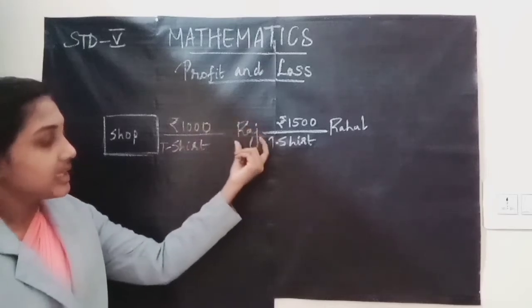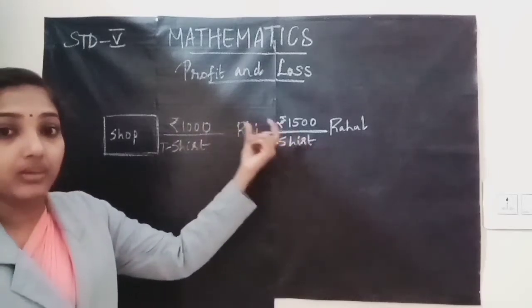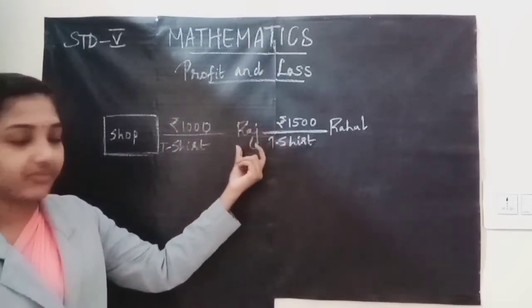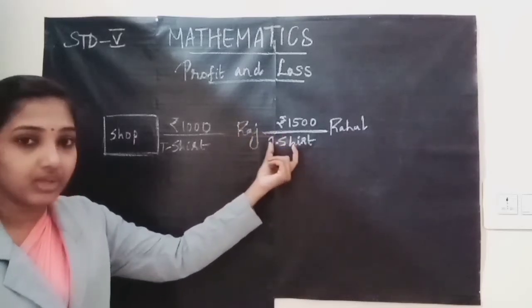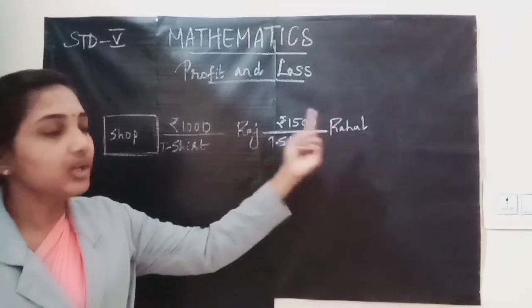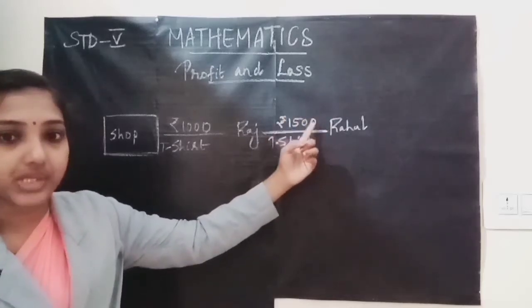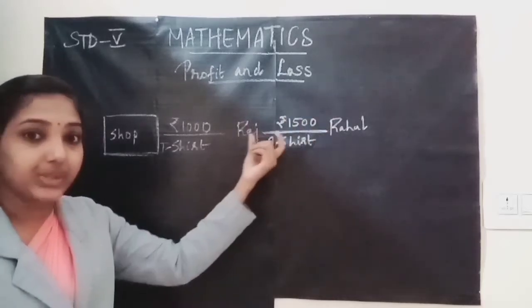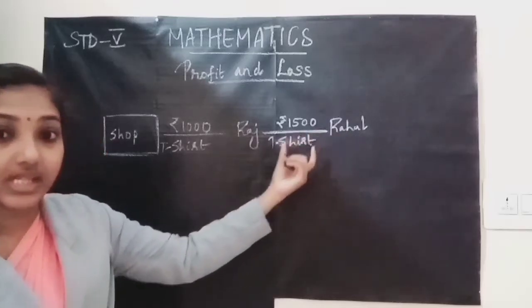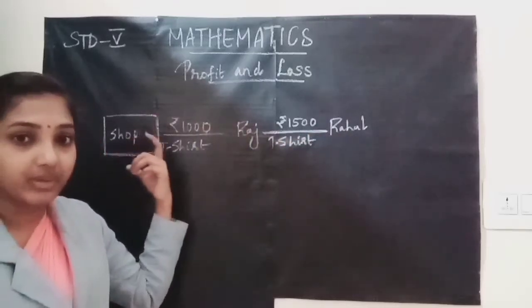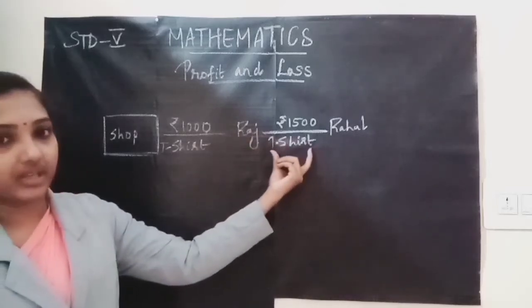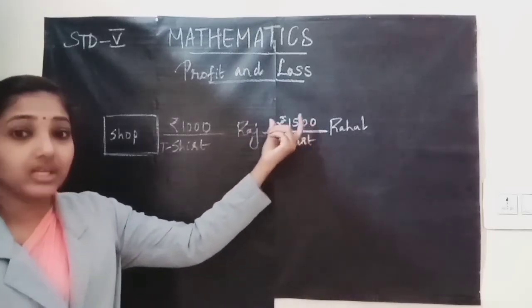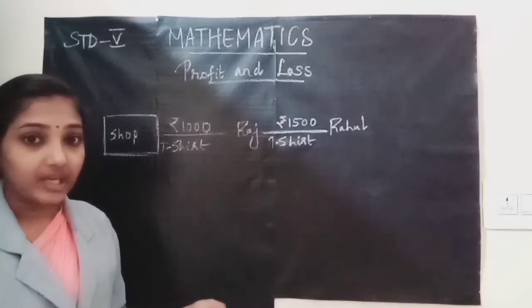And see here, Rahul bought the t-shirt from Raj, or Raj sold the same t-shirt to Rahul for rupees 1500. Raj sold the same t-shirt which he bought from the shop. So here the selling price of that t-shirt is rupees 1500.